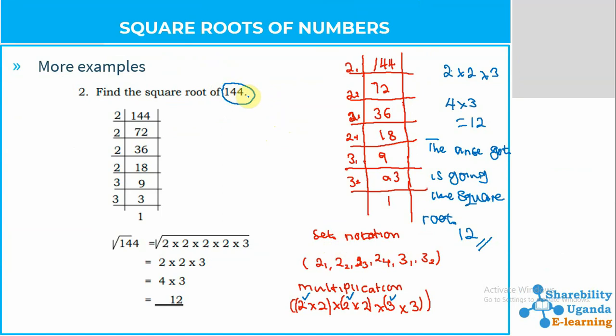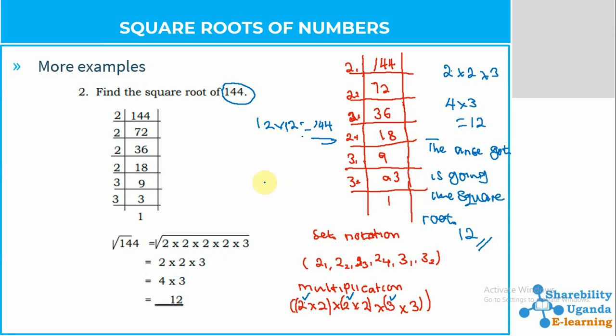You look out for the number which has been multiplied by itself to get 144. So this simply means if we get 12 times 12, when we multiply this number, it should give us 144. So we can use all these methods to derive our square root.